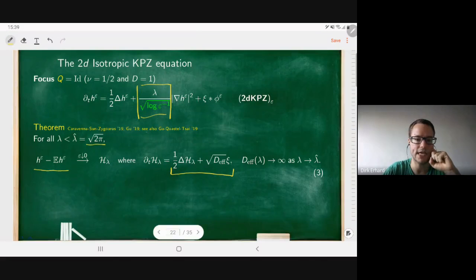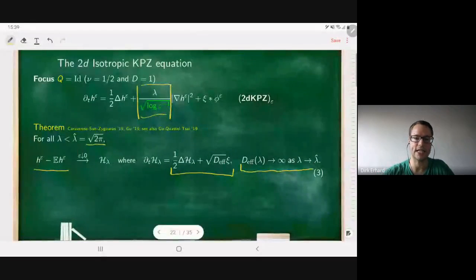However, now remember that I was saying that it was conjectured that in the isotropic case, the nonlinearity should matter. And now I give a result where the nonlinearity vanishes in the limit. So this may be contradicting. However, it is not. Because what is known is that this thing converges to infinity as lambda approaches lambda hat. So as lambda approaches lambda hat, the strength of the noise blows completely up.